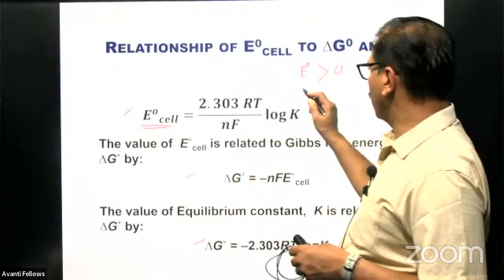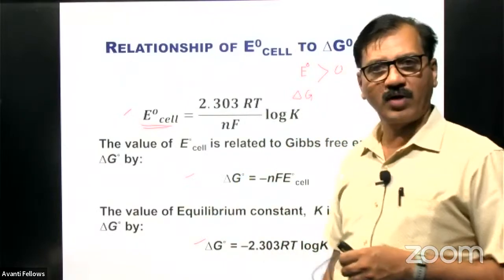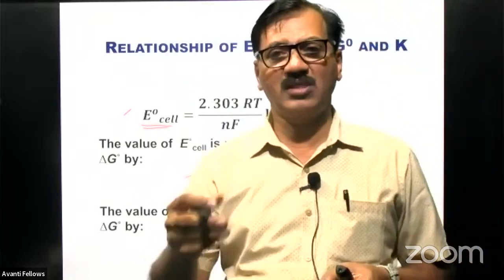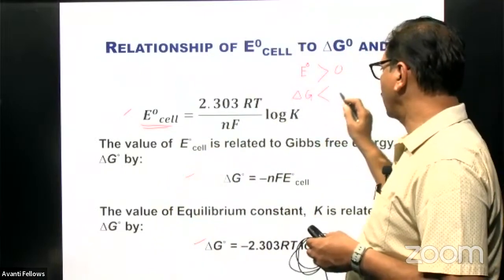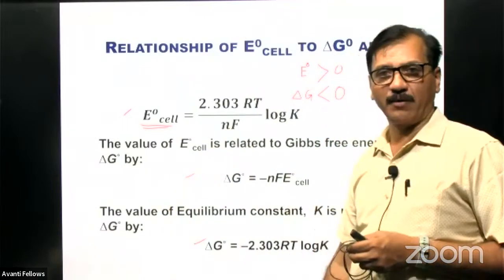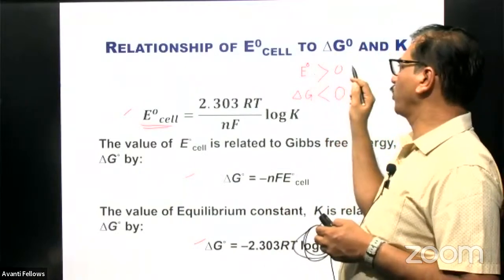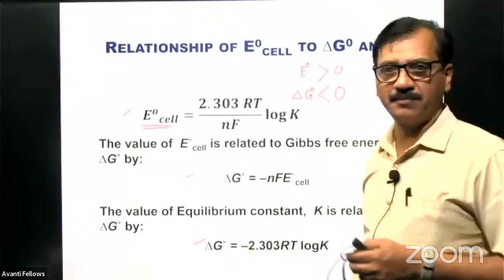Now, what should be the delta G0 for a working electrochemical cell? For any process which is to be spontaneous, it should be negative. Delta G0 should be negative. So for a working electrochemical cell, E0 should be positive and delta G0 should be negative.